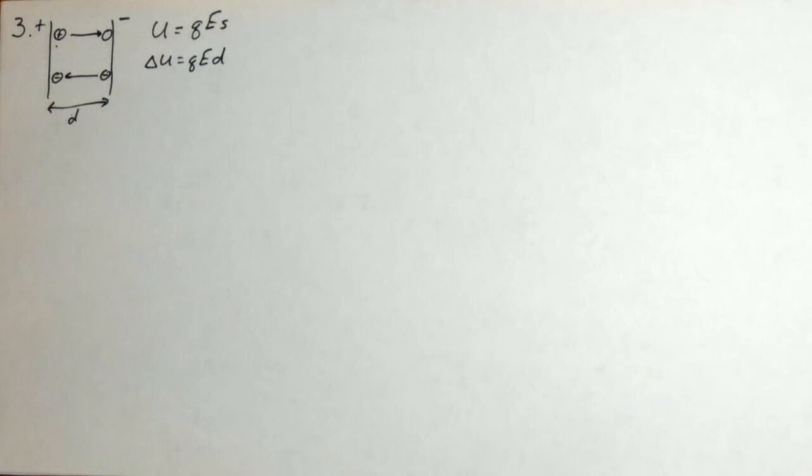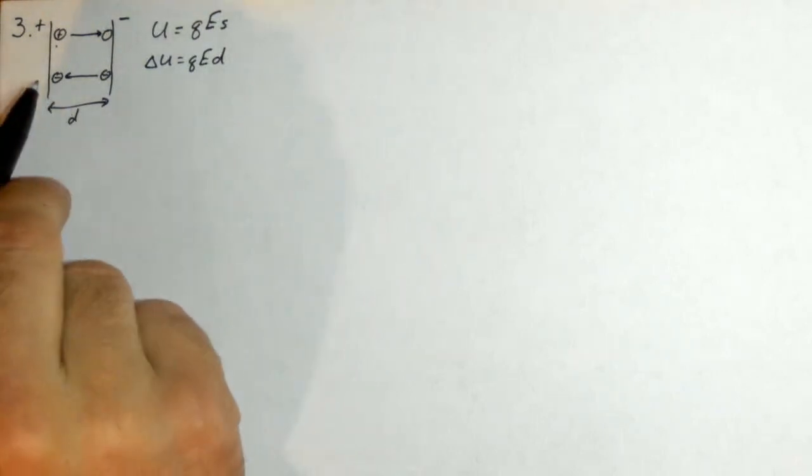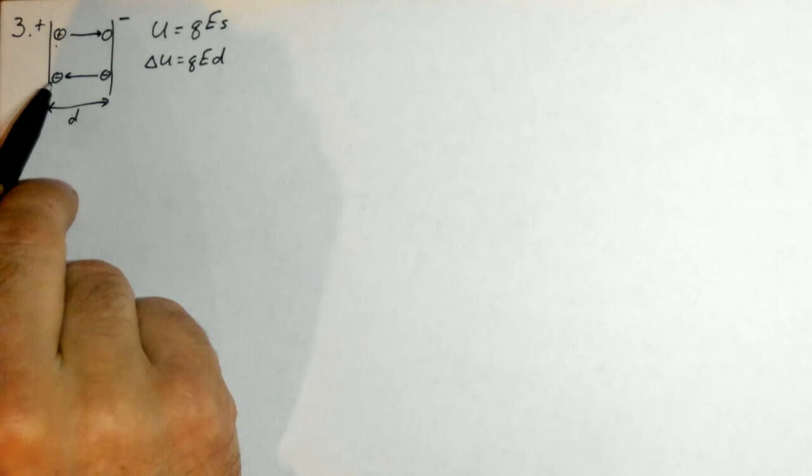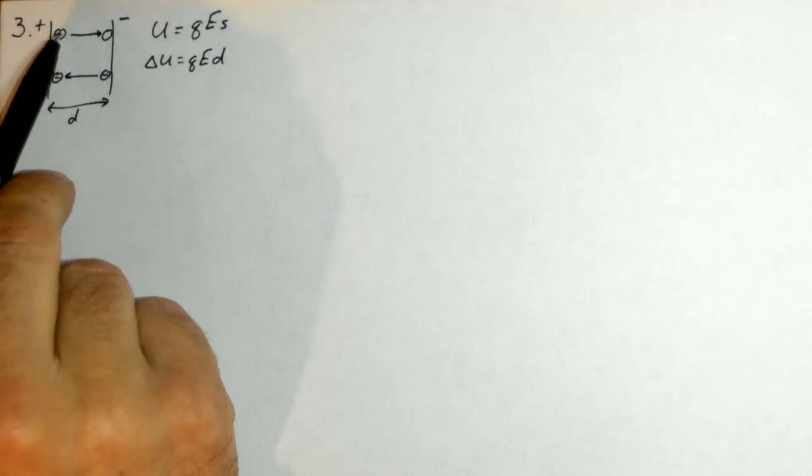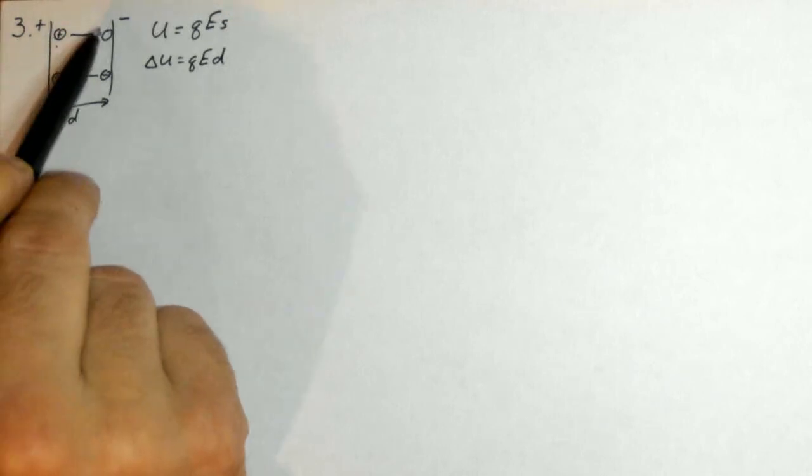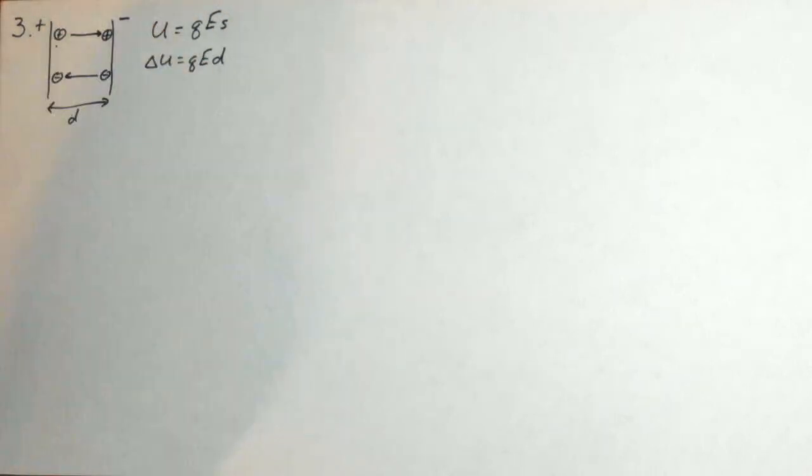Okay, well with that, go ahead and think through if you can take some next steps on your own. Okay, so we're trying to find the velocity of the electron if we know the velocity of the proton. So let's just look at the proton first. Let me put that little plus there.